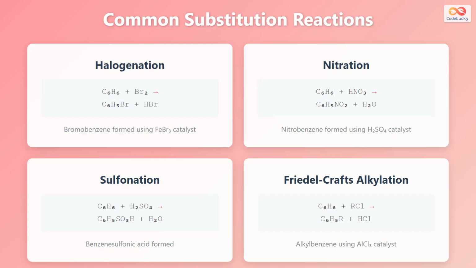Sulfonation reacts benzene with concentrated sulfuric acid to form benzenesulfonic acid. Finally, Friedel-Crafts alkylation uses an alkyl halide with aluminum chloride catalyst to attach alkyl groups to the benzene ring, producing alkylbenzene and hydrogen chloride. Each of these reactions follows the same general mechanism of substitution rather than addition.